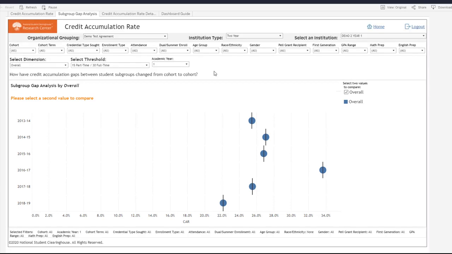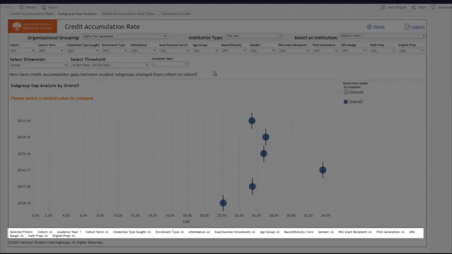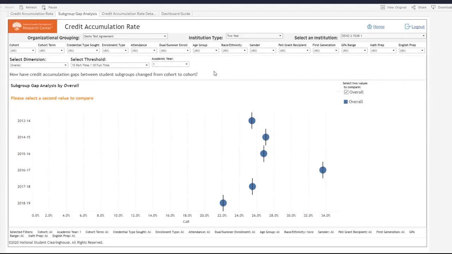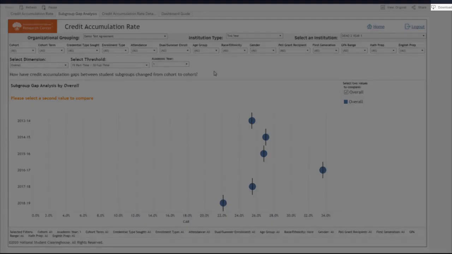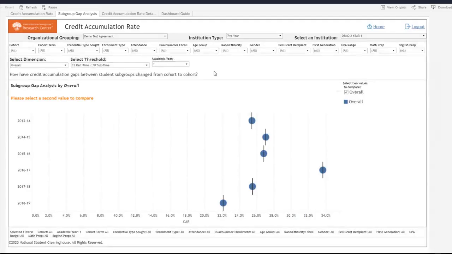Unlike the main dashboard, there is only one data visualization. We'll come back to this in a minute. Below the data visualization is the same filter breadcrumb that we saw in the main dashboard. And in the upper right-hand corner, we find a link to download this report into an image file, PDF, or PowerPoint slide. Now, let's turn our attention back to the reporting section.